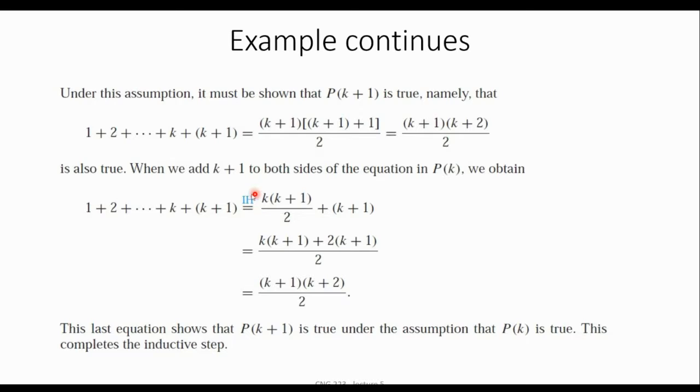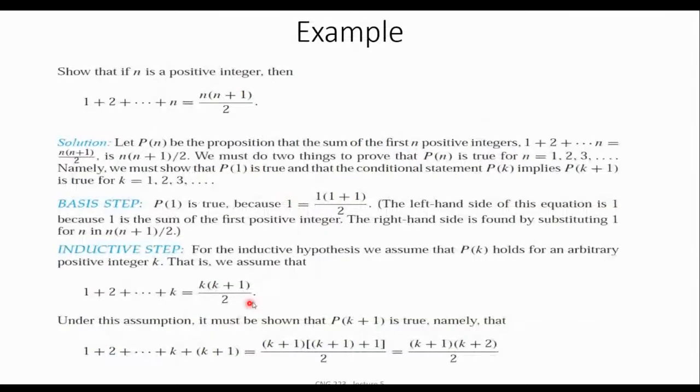Then in our inductive step, we should show it. Now, if I consider k plus 1 added to this one, until this part, 1 plus 2 plus up to k, I know that this is equal to k times k plus 1 over 2. How do I know that? This is our assumption. We showed that this is true.